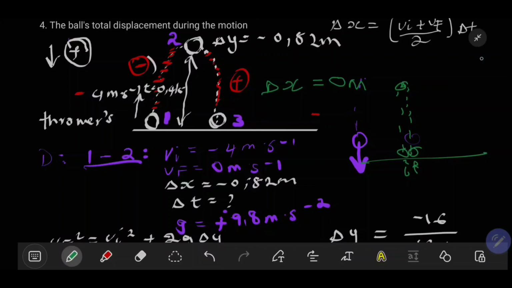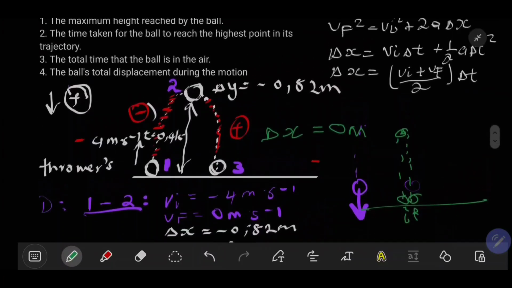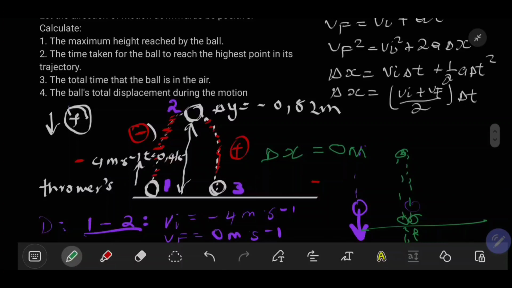All right, so I hope it makes sense, and you see how we apply these equations here, even though the two questions were more similar to each other. That's how we apply these formulas.